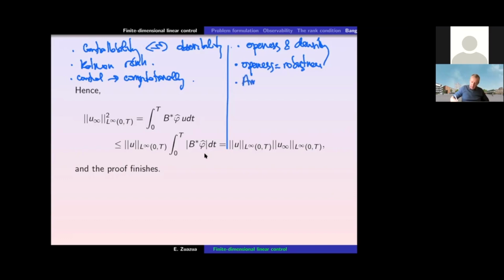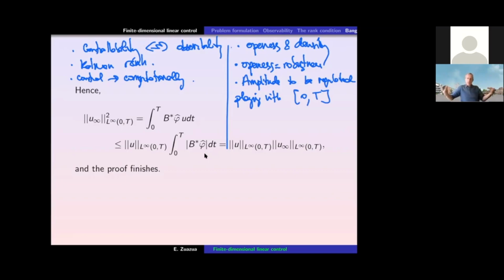The other property we have seen is that the amplitude to be regulated plays with the length of the time window. I can scale without modifying the initial datum. I can scale, of course, when I make the initial datum to be controlled smaller or bigger, but normally the initial datum to be controlled is not the one I choose.